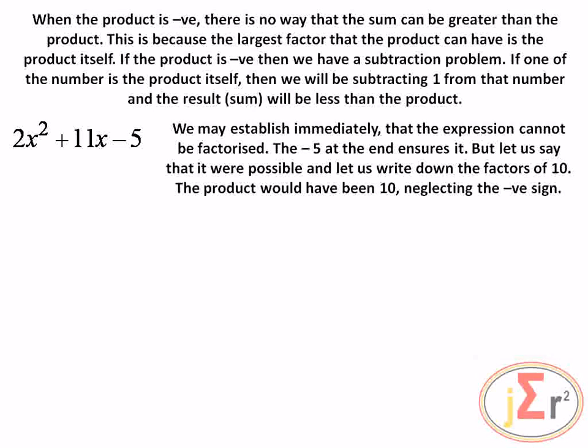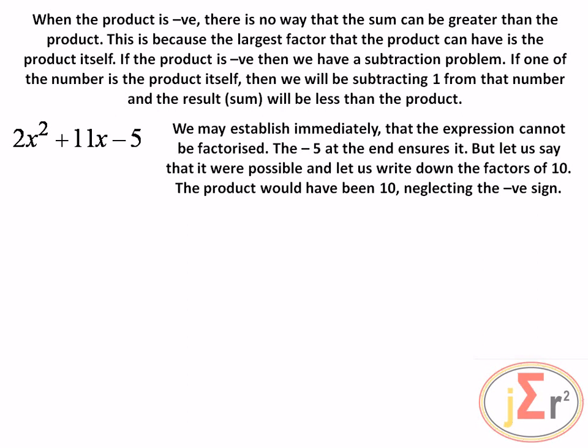Say we have, this is our situation. We may establish immediately that the expression that we have right there cannot be factorized. The negative 5 at the end ensures it. But let us say that it were possible, and let us write down the factors of 10.